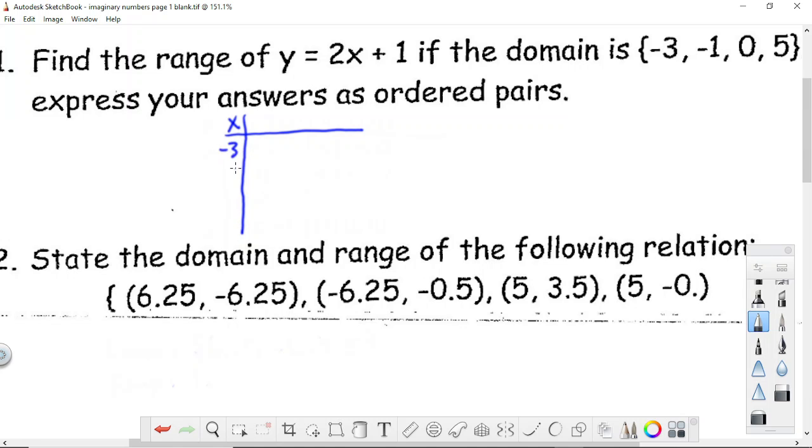So we make a column for x and we put them all there. And then we'll have a column to calculate our y value for each of those. So we can put that as the heading of that column. Another column to write the result for each, and then a column for the ordered pair, because this question says express your answers as ordered pairs.